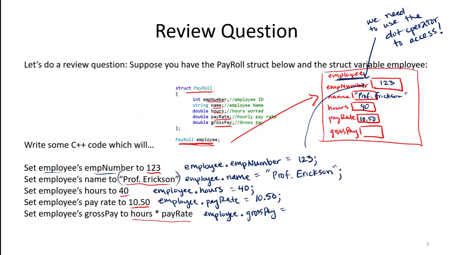Remember, in order to access the hours and pay rate variables, I need to use the dot operator. So here I say employee.hours times employee.payrate. Notice this will allow me to take the 40 and the 1050, multiply them together, and put the result inside gross pay.